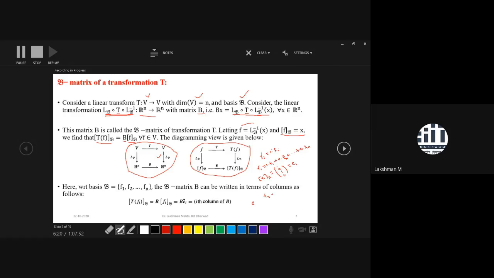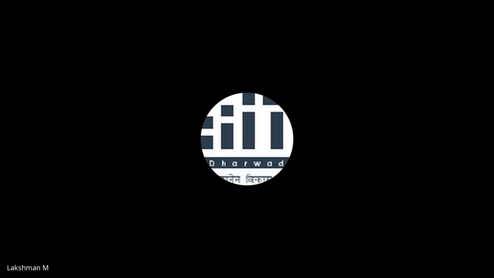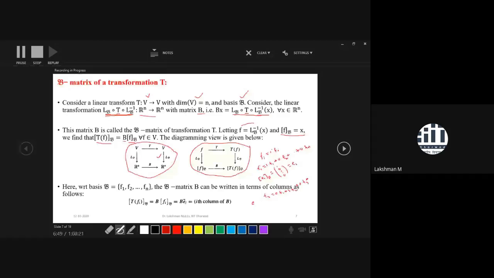Similarly, if I ask what is the coordinate vector of f2, how will you write it? f2 is again coming from the basis element. So you can write f2 as 0 time f1 plus 1 time f2 plus 0 time f3, and you go likewise up to 0 time fn.